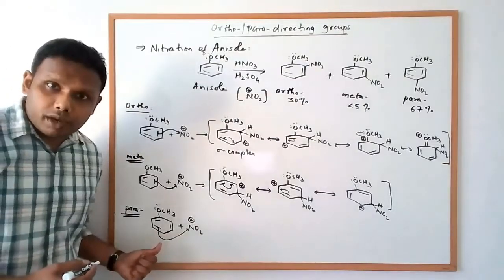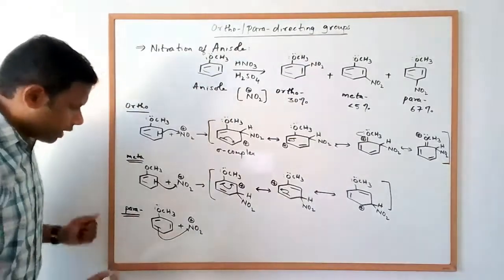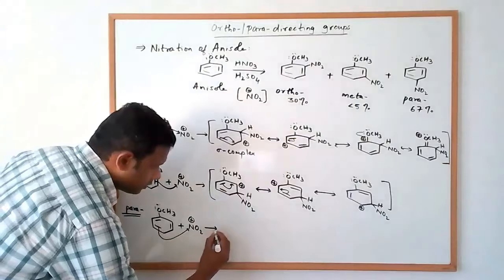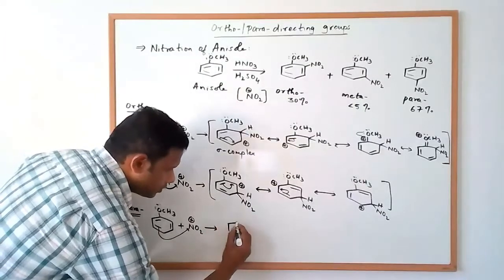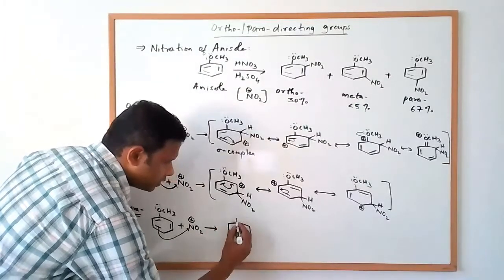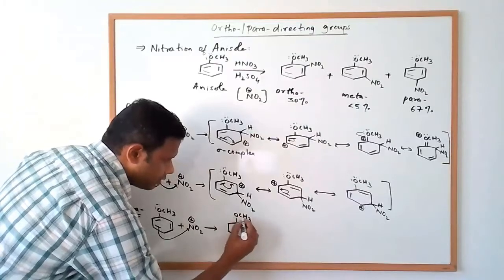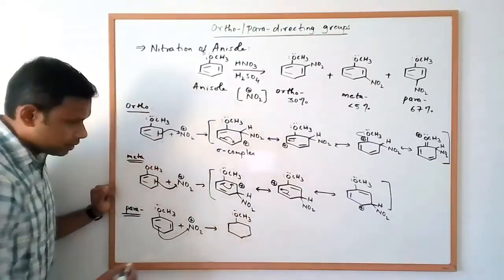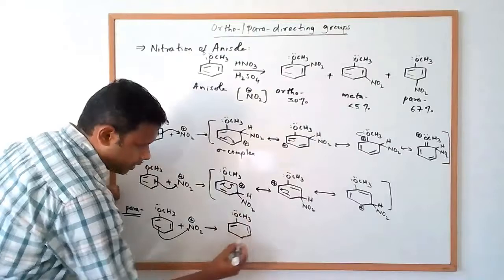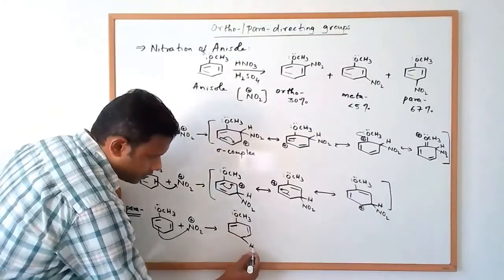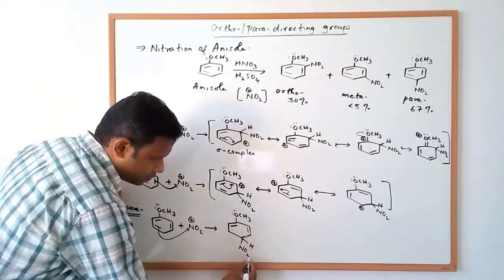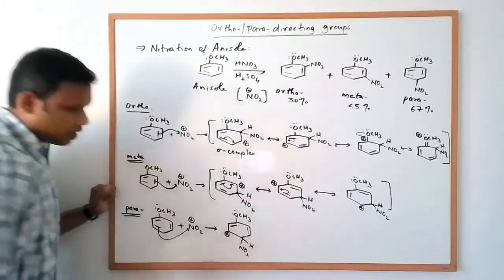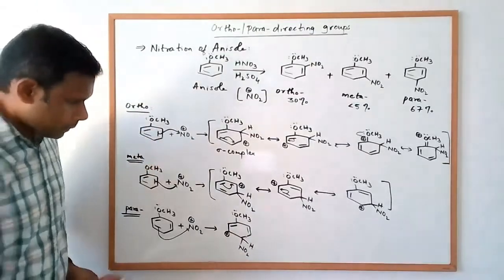So we have to use a pi bond that involves the para carbon here. So the sigma complex that's formed initially is going to be OCH3, lone pair, pi bond here, H and NO2, and there's a carbocation here.